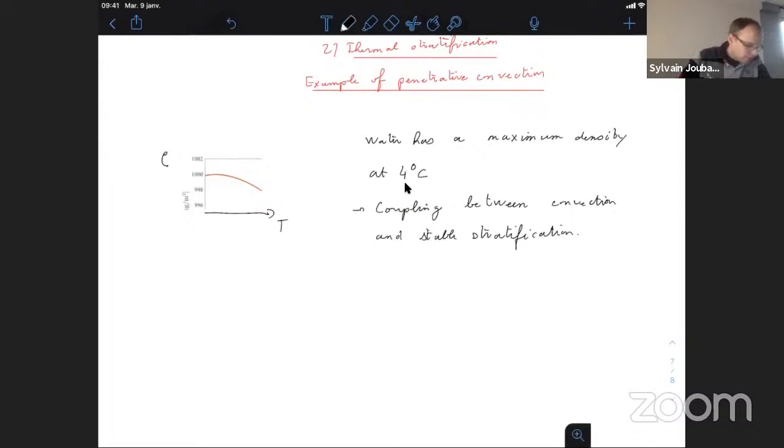The work I will discuss, so you have different studies in France. You have the study that we have done in Lyon with Stéphane Labrosse and Thierry Alboussière, from the Laboratoire de Géologie de Lyon at ENS. That's a work that we do together with Philippe and myself.